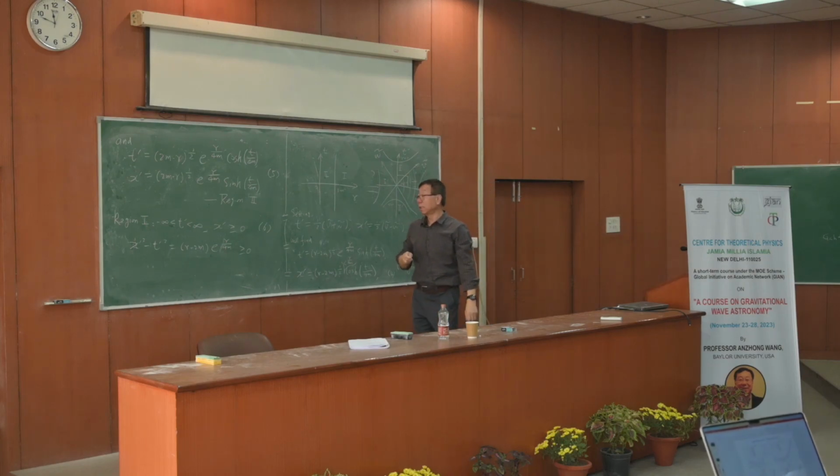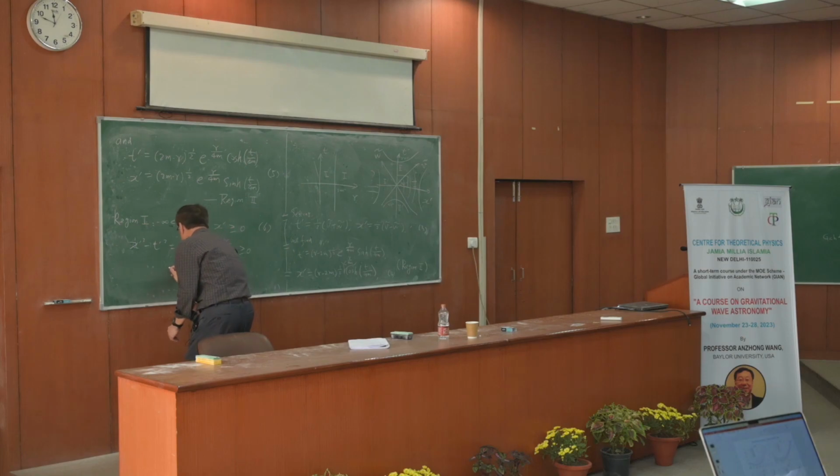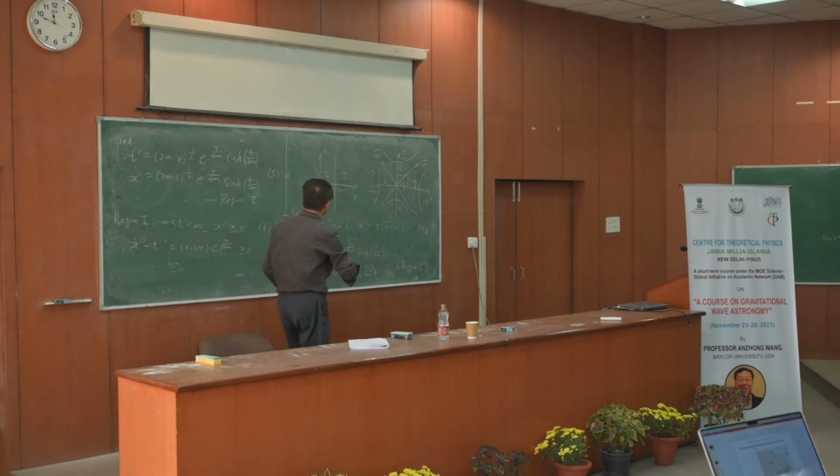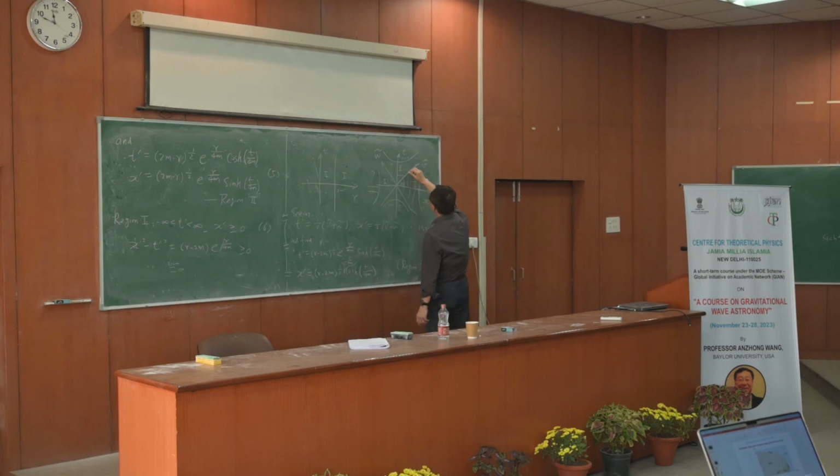In particular, this will be 0 when r equals 2m. When this equals 0, this means this guy is equal to this guy, either plus or minus. So this is my r equal to 2m.